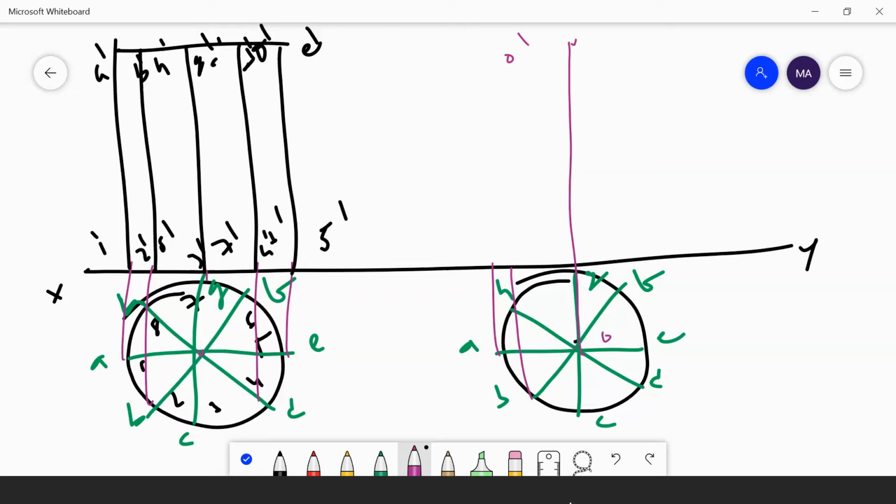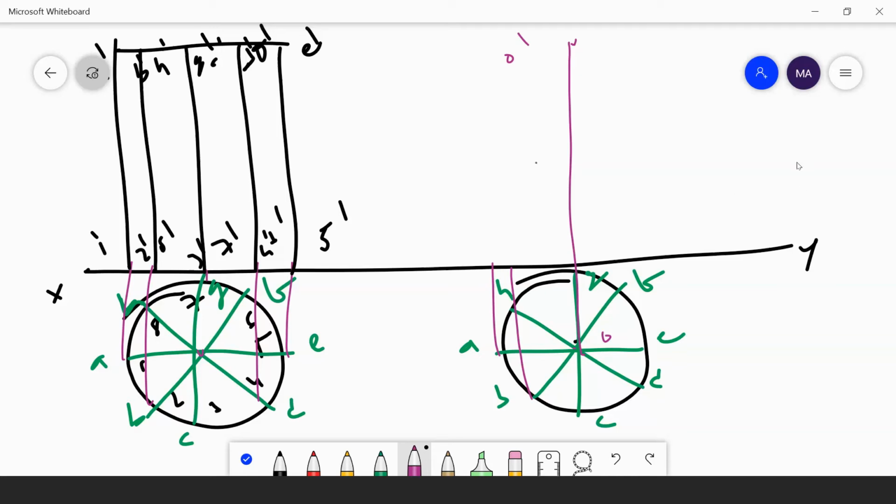Everything, whatever the height you have. Okay, whatever the height you have considered.